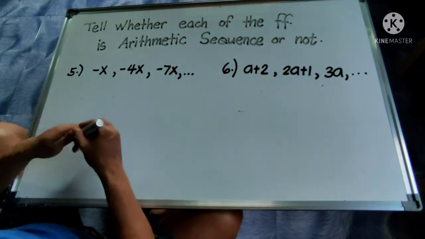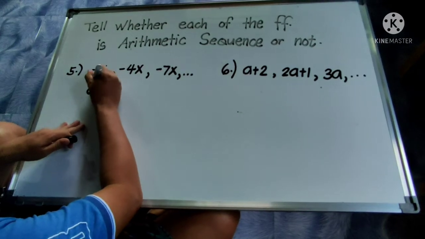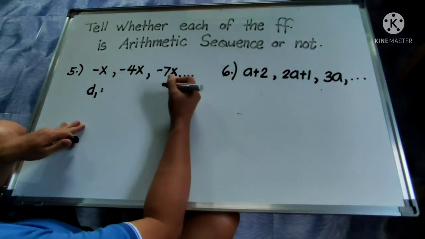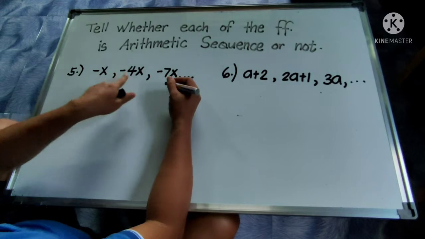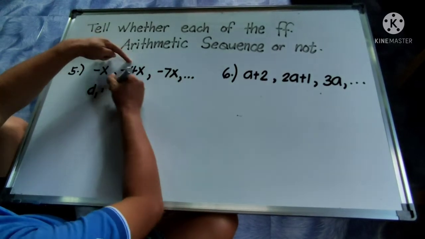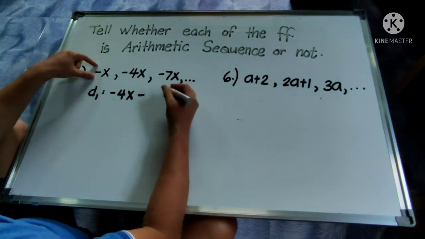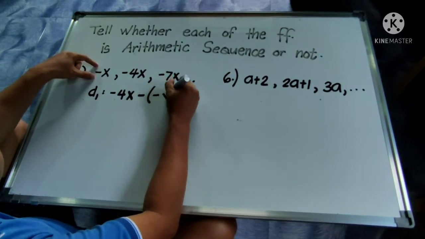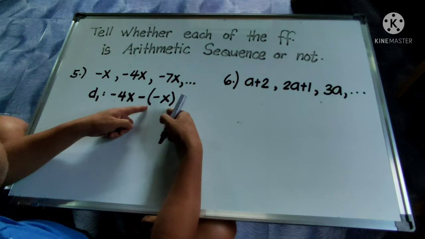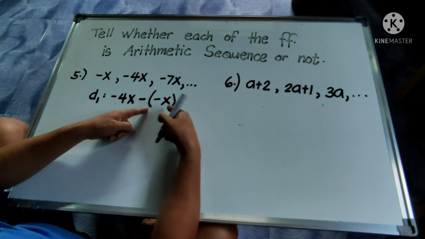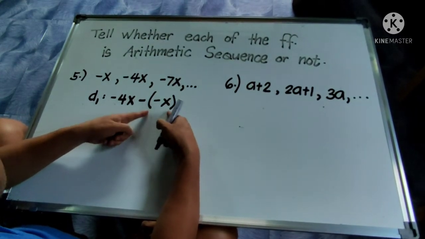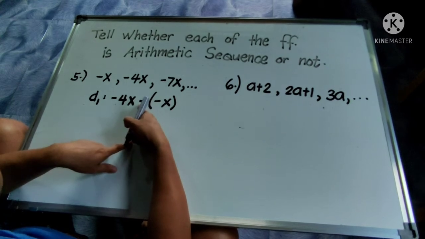Therefore, we will be getting differences between two consecutive terms, just how we did it in the previous examples. So for this example, we'll get first our d sub 1. You will have the present, which is negative 4x, minus the previous, which is negative x. You have to enclose the negative x in parentheses since it is preceded by a negative sign.